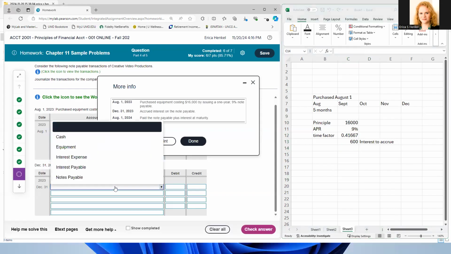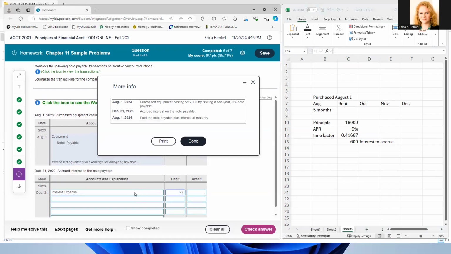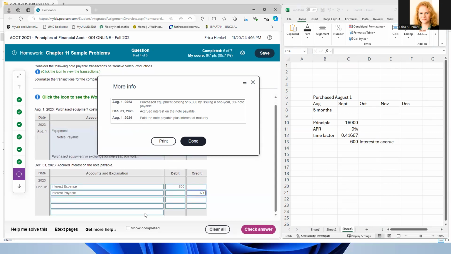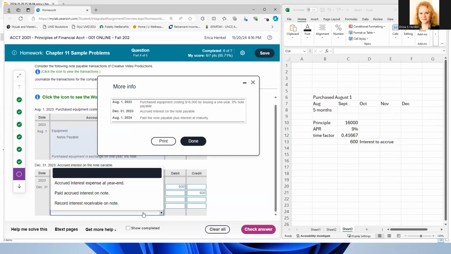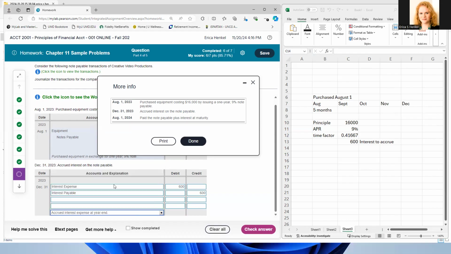So we're going to debit our interest expense for the $600, and we're going to credit interest payable. So we are not paying it right now, we're just accruing it, okay? So recording, accruing interest expense at year end. And it's payable, by the way, don't mix up and hit receivable.